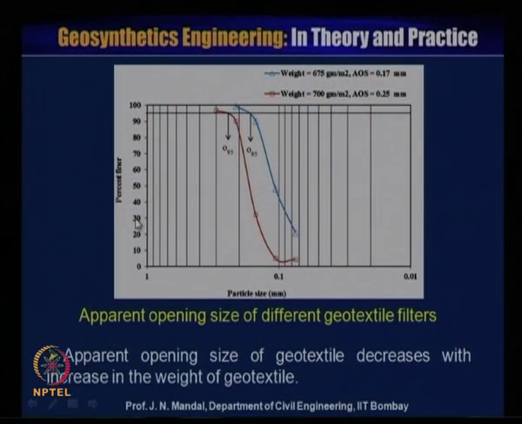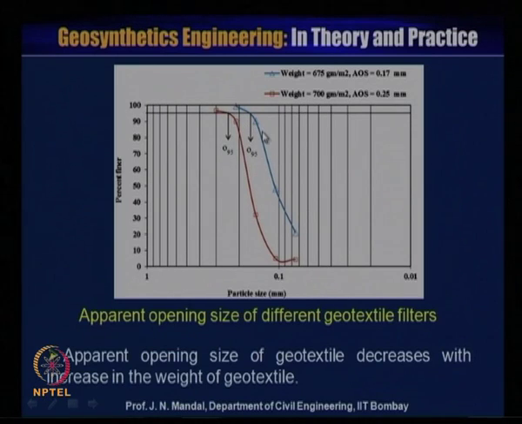We have performed some tests. This is the test for the apparent opening size of different geotextile materials, with percentage finer on the y-axis and particle size in millimeter on the x-axis. Here this sample weighs 700 gram per meter square, and you can see this is the O95, so you can calculate the particle size in millimeter. For this weight of about 700 gram per meter square, the apparent opening size is 0.25 millimeter.